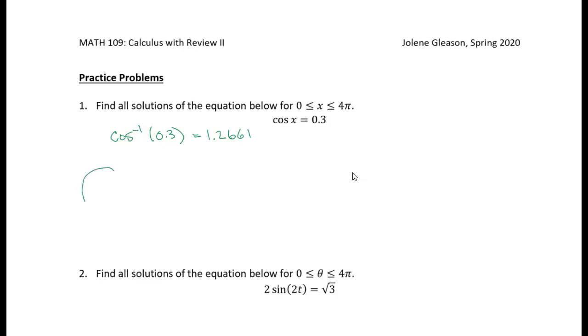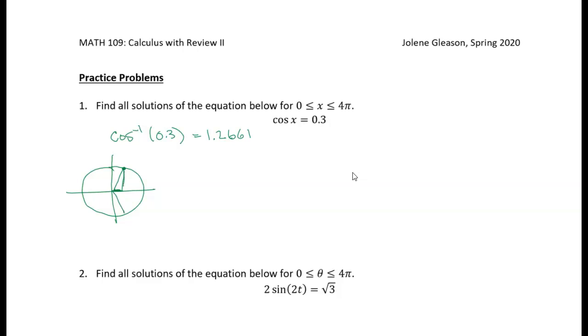But if we look at it on the unit circle, you can see there are other angles that have a cosine of 0.3. Let's say that this is 0.3 right here. If we go straight up, there's an angle. That is our 1.2661 radians. But there's also going to be another angle down here.